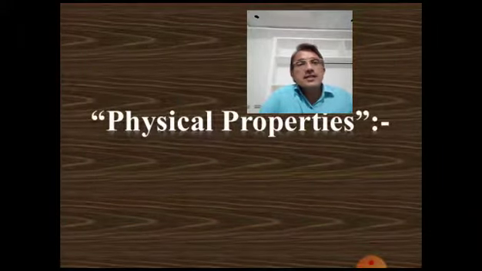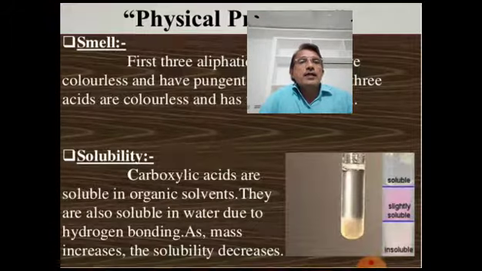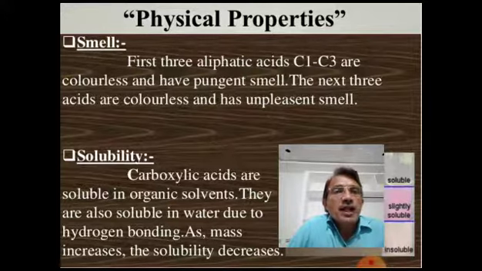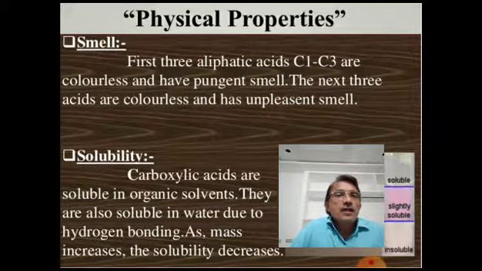Now let us discuss the physical properties of carboxylic acids. Number 1, smell. The first three aliphatic acids, C1 to C3, are colorless and have a pungent smell.